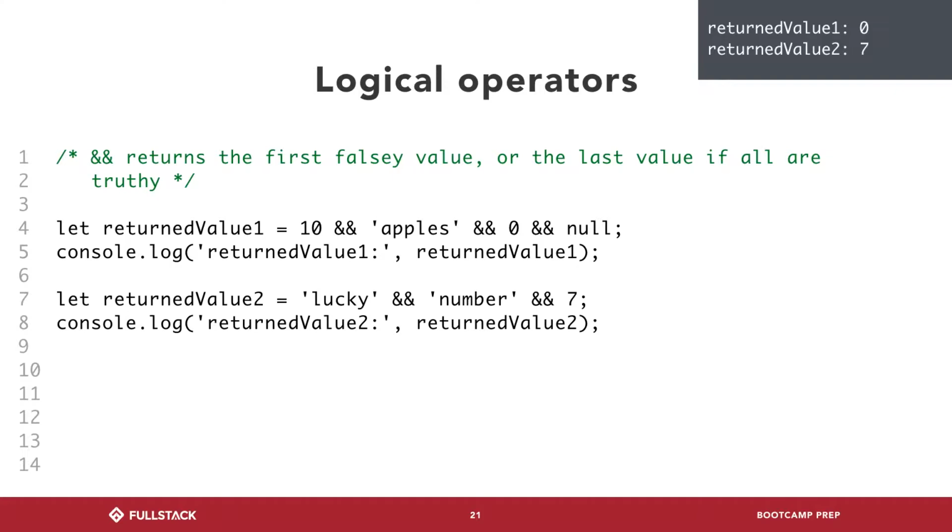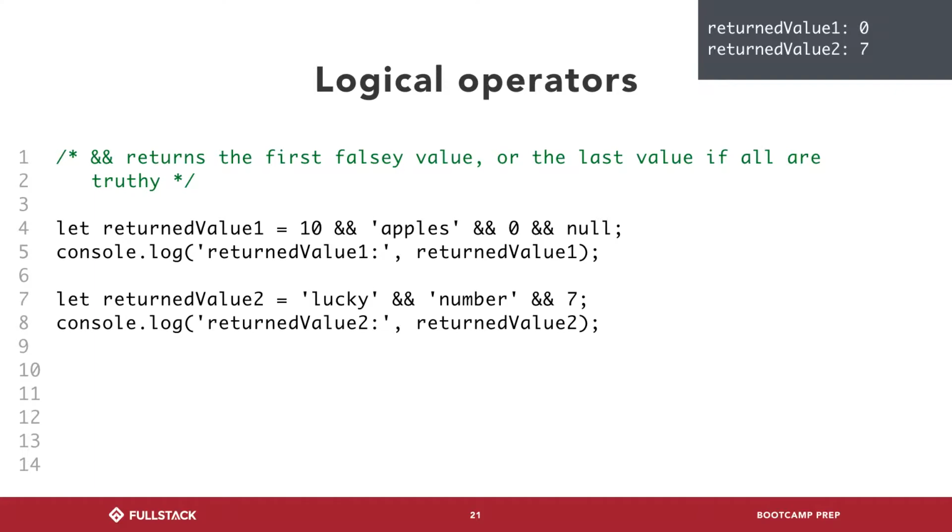Apples is truthy, we keep moving. 0 is not truthy, so I'm going to return 0 right away. We never check null, and we don't need to, because if this thing is false, it doesn't matter what this is anymore. We don't need to expend the extra energy to figure out the rest of the list. As soon as we hit the first false, we can say our job's over, this is not what we need.